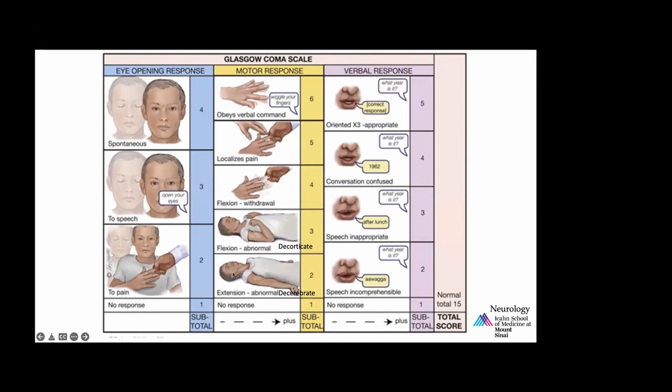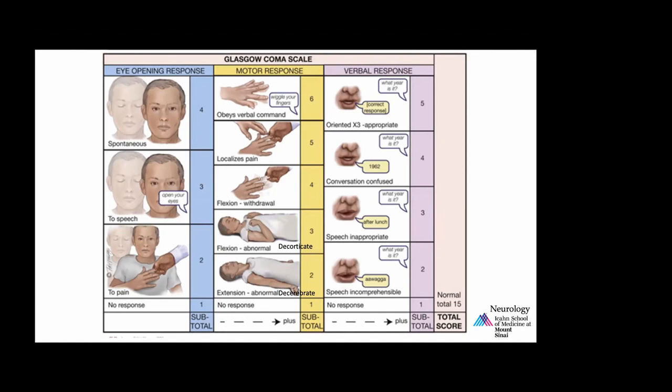It's really a withdrawal. And then this is what a lot of people ask me about on rounds: what's the decorticate, what's decerebrate? I think personally, these are incredibly confusing terms, and I don't use them regularly, but in terms of the GCS, decorticate is the flexion response. So that's where the arms are flexed at the elbows and the wrists and sort of internally rotated, and the legs are extended.